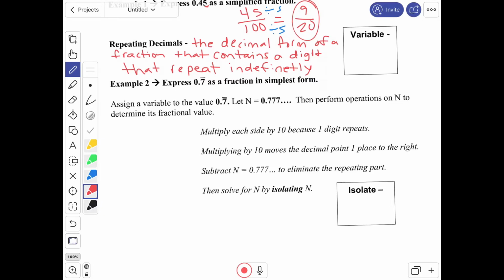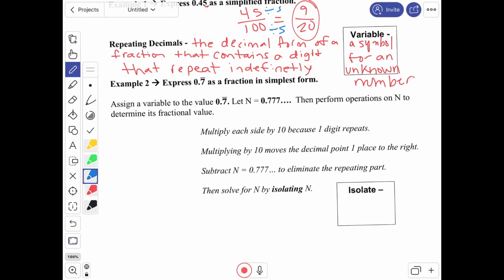So first we're going to assign a variable, and a variable is a symbol for an unknown number. It's usually a letter that we use. Sometimes we use little symbols like triangles. So we're going to assign a variable to the value 0.7 repeating.